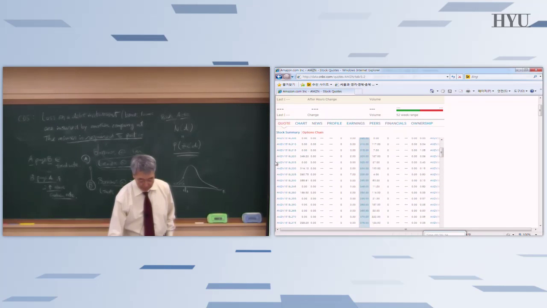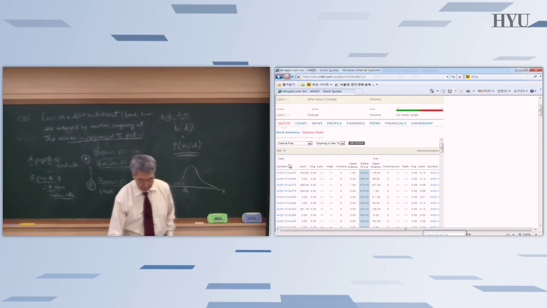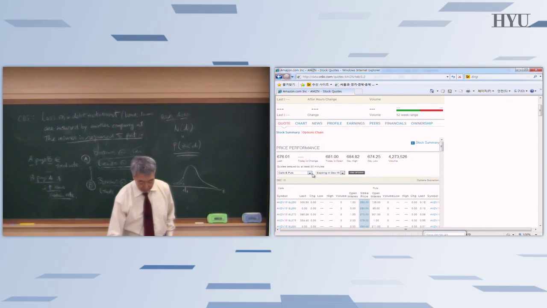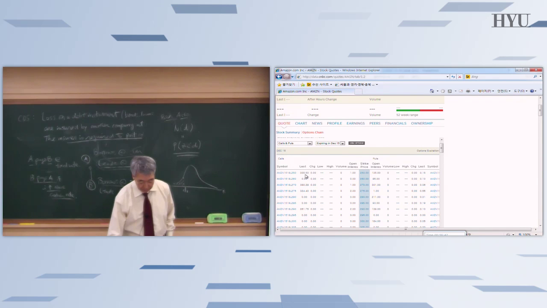In an Excel spreadsheet, we can make this label stay by freezing the pane, but apparently we cannot freeze this line. Anyway, that's the last trading price, the change from the previous session, low, high, volume, how many units were actually traded, and open interest, how many units are remaining in the market, and so on.